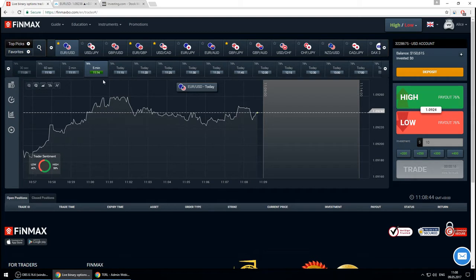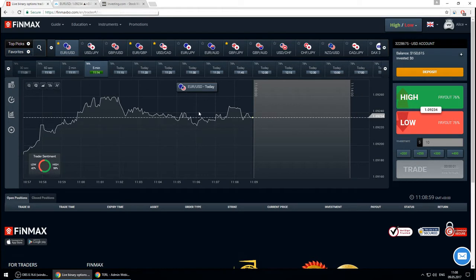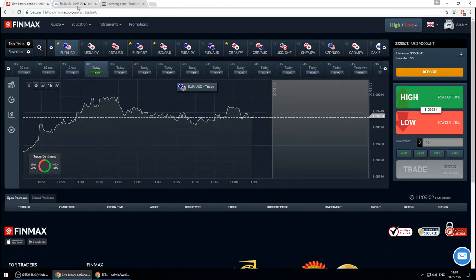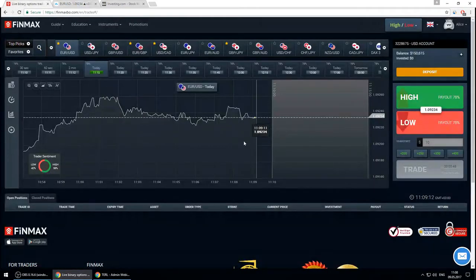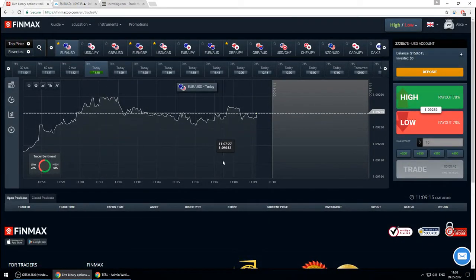So it gives the trader a lot of opportunities, an understanding of when the trade is going to expire, and of course an opportunity to check each trade. Let's say I have this time frame, and I know that exactly at 11:15 my trade is going to expire, so I can check it on an independent source to make sure that everything is correct, that my analysis and the platform work perfectly well.